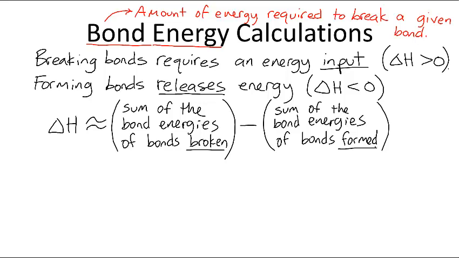You want to think, I'm putting in energy to break bonds. That's a positive number, an increase in potential. I'm getting out energy when I form bonds. That's a negative change in potential. So you subtract that. So essentially, you can think about bond energy as a measure of bond strength.